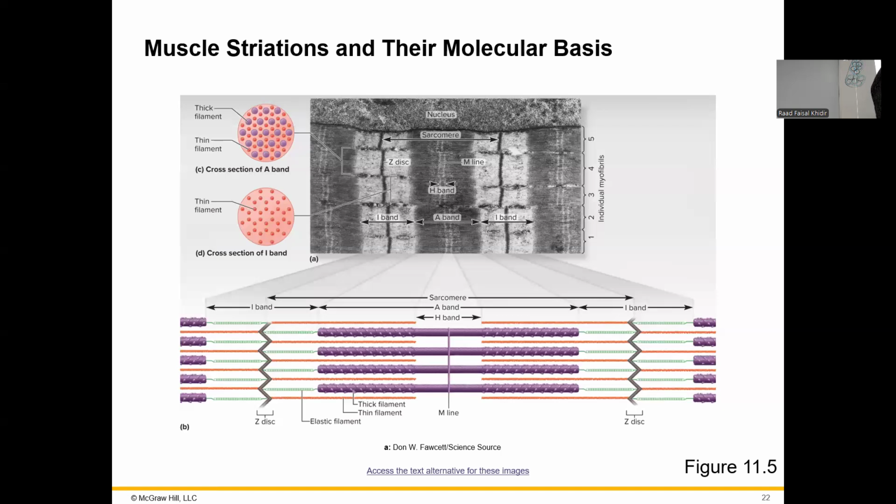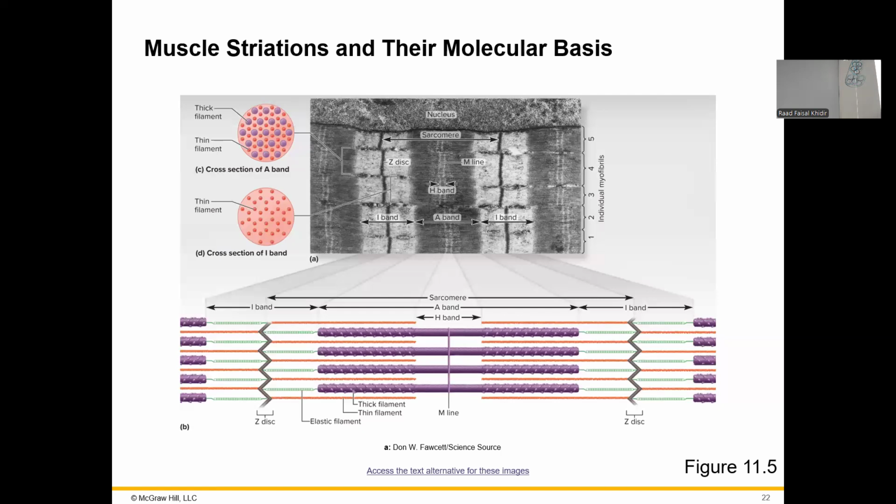So what does that tell you? That this really thin line in the middle is the bare zone. The H band is the bare zone. It has no thickness because it has no myosin.